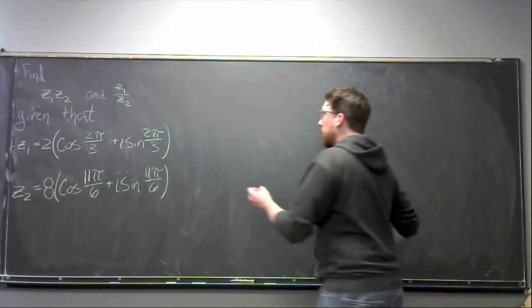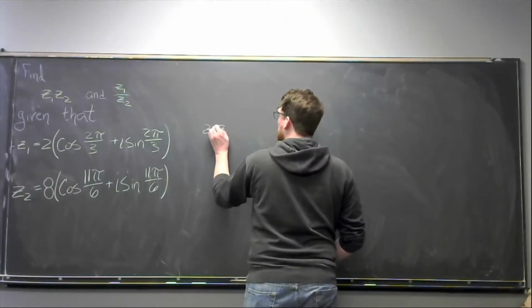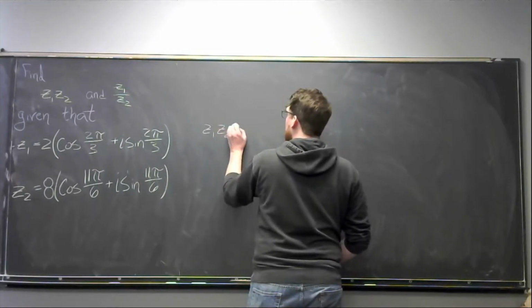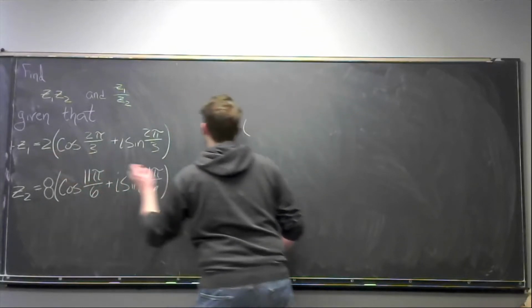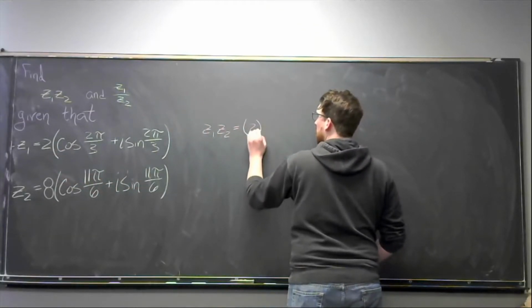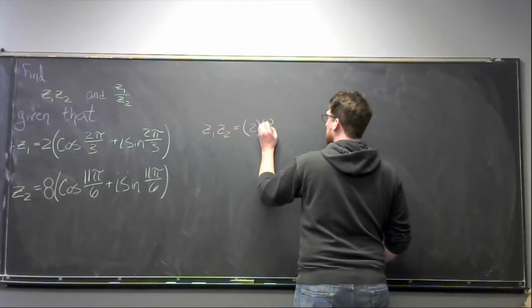We're going to say, all right, z1 times z2 is going to be equal to r1, that's 2, times r2, that's 8.